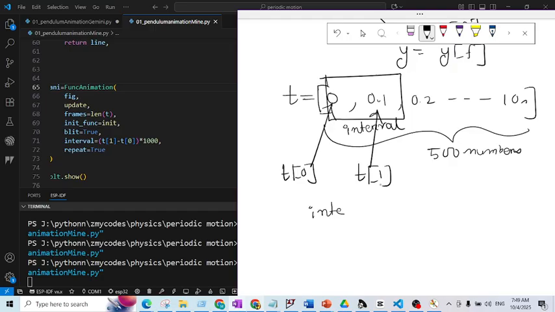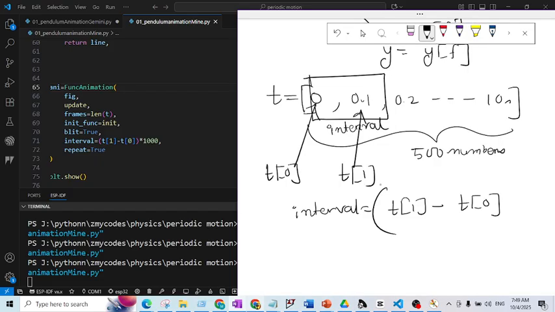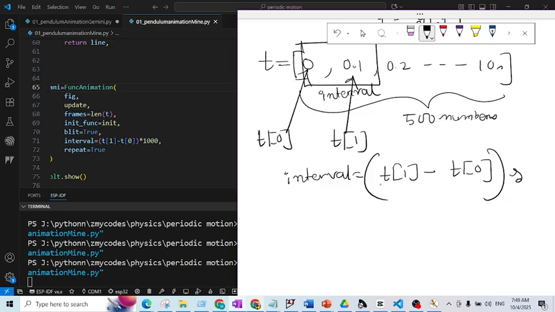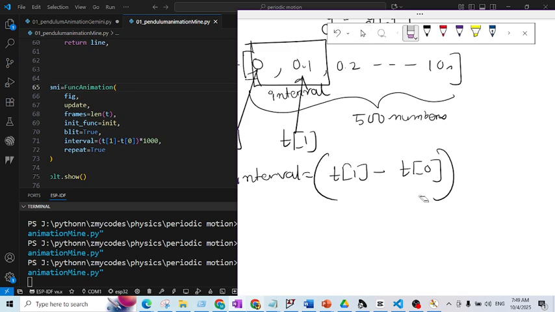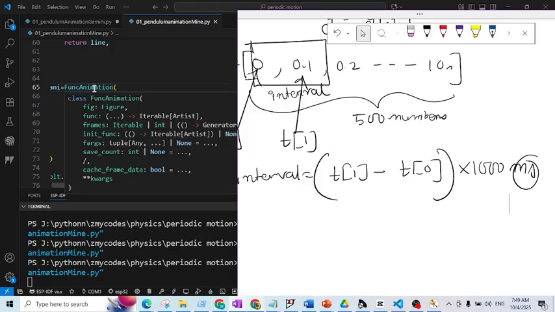So interval will be t1 minus t0 seconds, right? But hold on, this interval takes the value in milliseconds. So I will multiply by 1000 to make it milliseconds, because it is a requirement of the function animation.